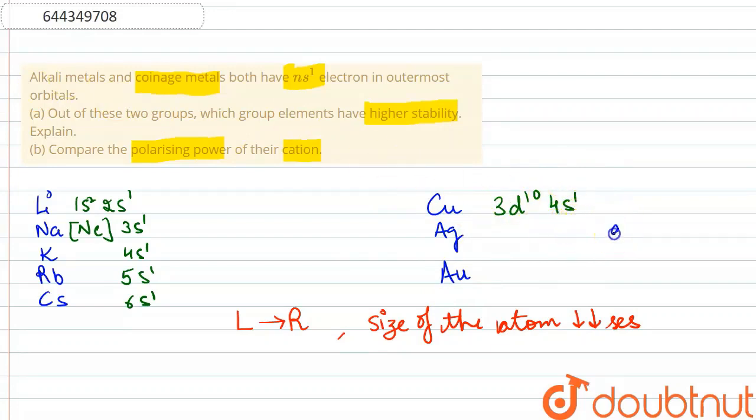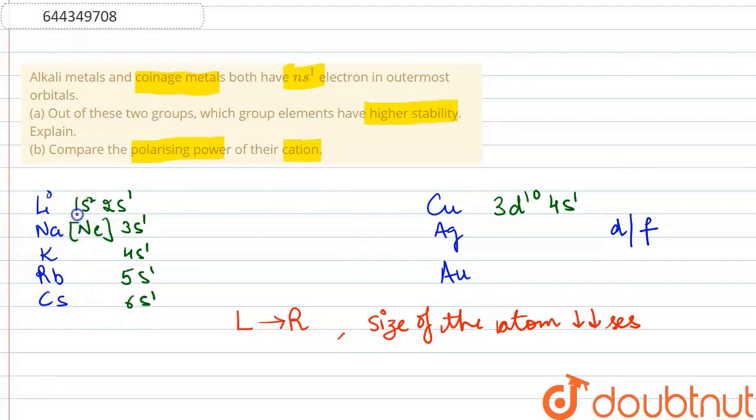So because of the poor shielding effect of d and f electrons, their size reduces when we are moving from left to right in a period. Whereas if you compare it with the size of lithium atom, these alkali metals have larger size, right?